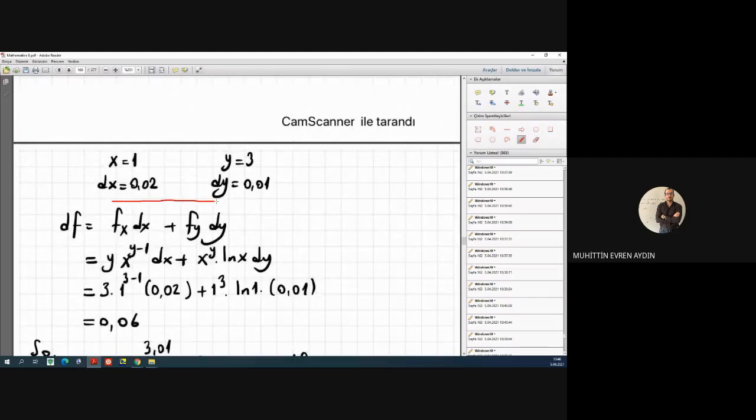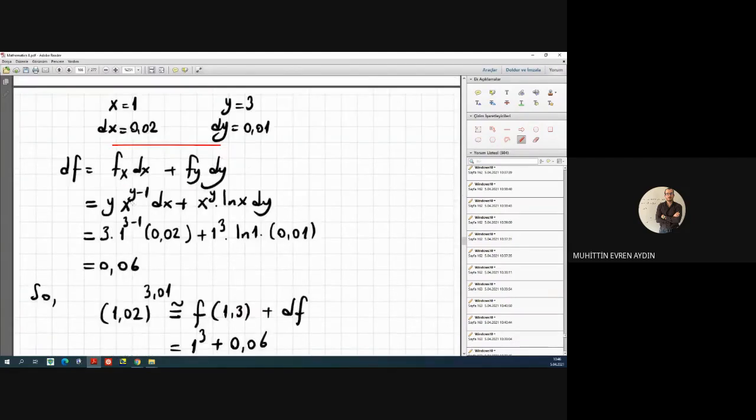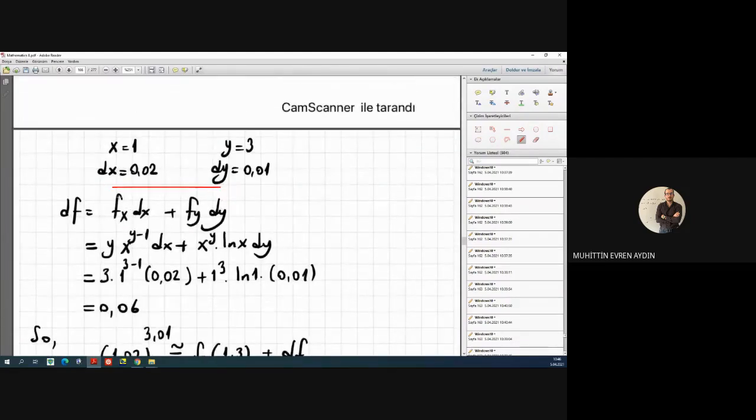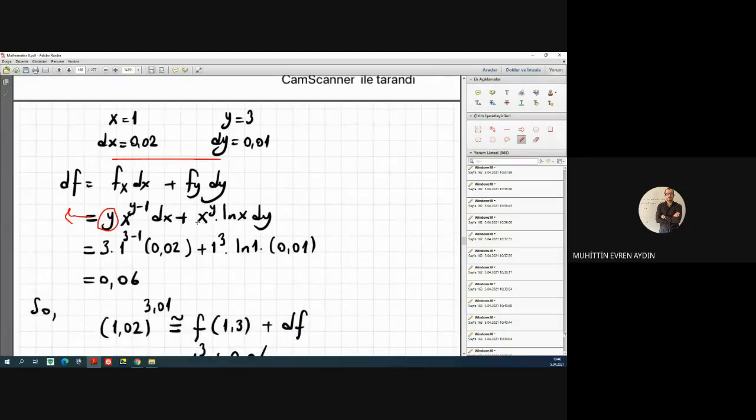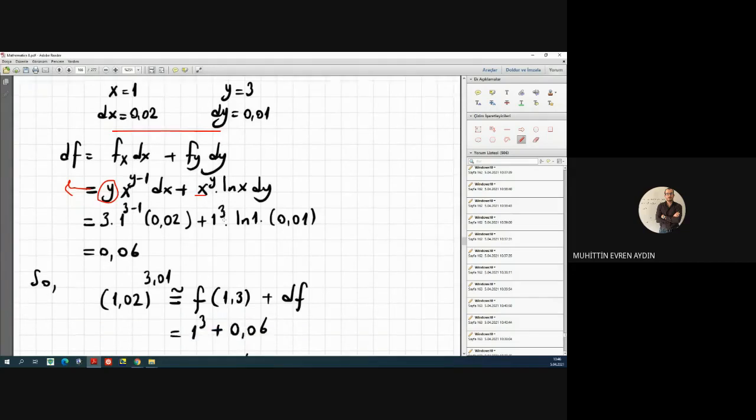fx dx, fy dy, and in order to take derivative of f with respect to x, you have to treat the variable y as a constant, which means the derivative is this, and symmetrically you have to treat the variable x as a constant, so the derivative is this.